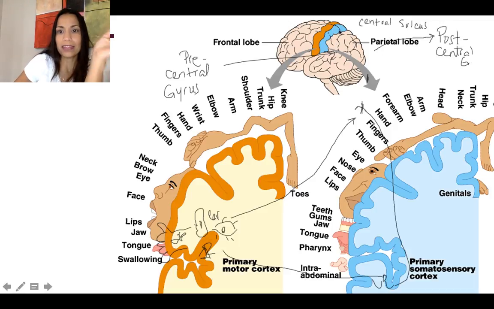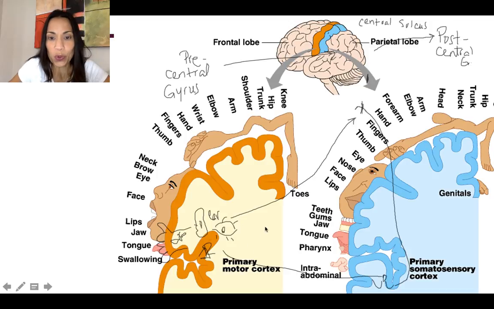parietal lobe is the postcentral gyrus containing the primary somatosensory area. So, in the primary motor cortex of the precentral gyrus of the frontal lobe of the cerebrum, here this is the map.